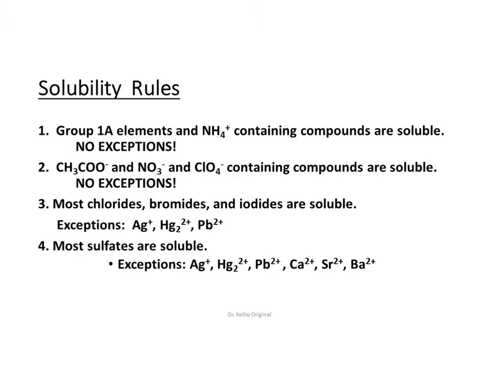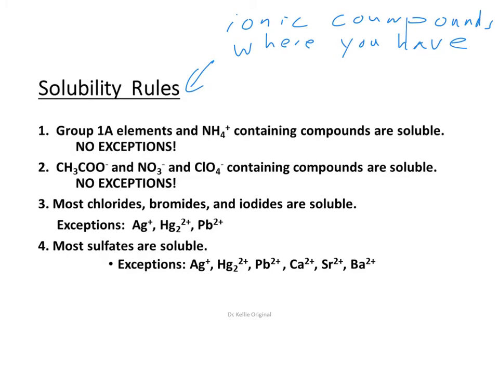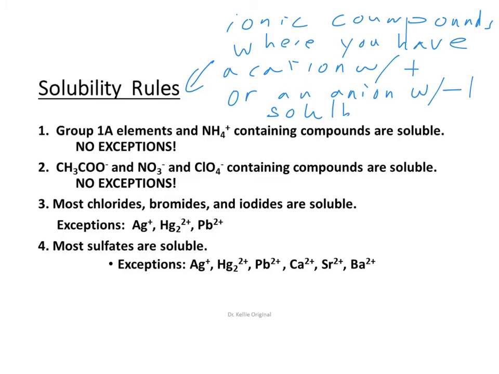If I was to summarize them, and we'll go through them one at a time here in detail, but if I was to summarize them, in other words, I was wanting to avoid a lot of memorization, ionic compounds where you have a cation with a positive 1 charge or an anion with a negative 1 charge, chances are that ionic compound will dissolve in water.